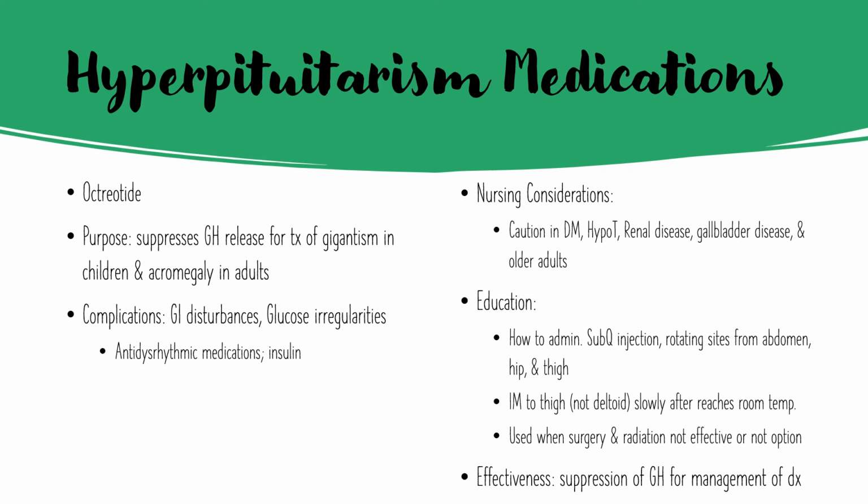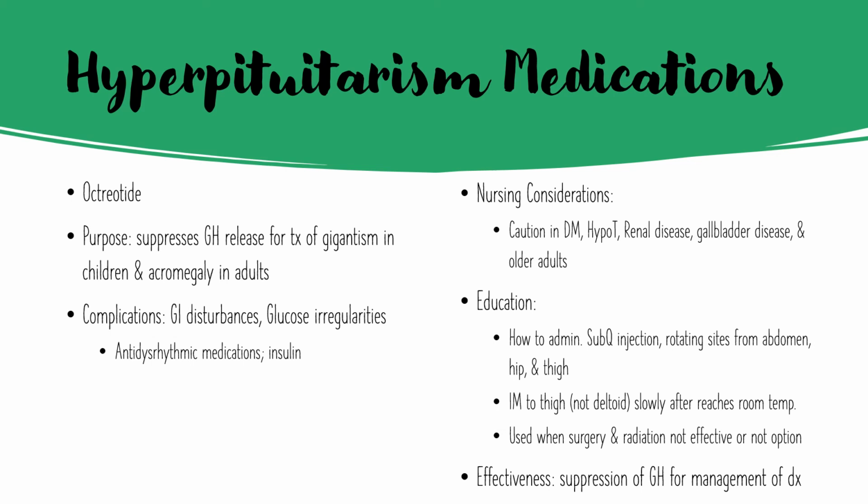Now, typically clients with an overproduction of growth hormone who have gotten to the point of gigantism or acromegaly usually have a lot of other organ issues or deficiencies and things like that. So this is going to be really tricky to find and be appropriate for clients.